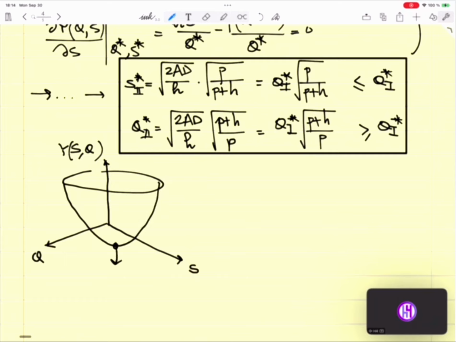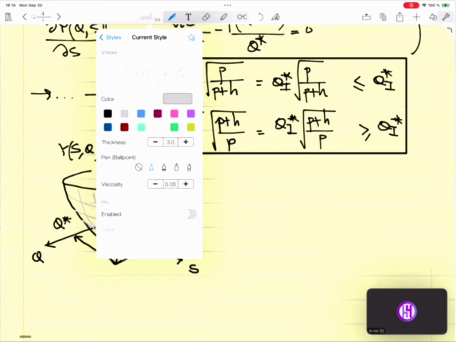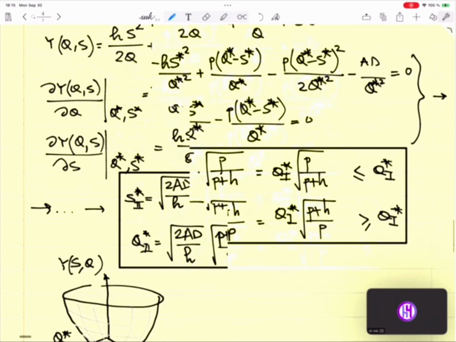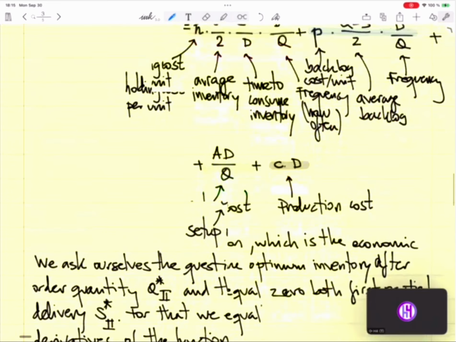And this minimum is represented with S star and Q star, okay? I mean, this is calculus, this is not the focus here. I assume that you're already familiar with all this. If not, just raise your hand and let me know, okay? Again, questions? I can repeat any step as you wish.